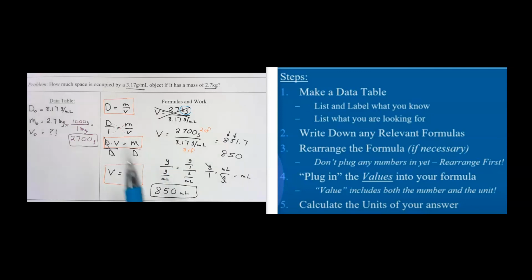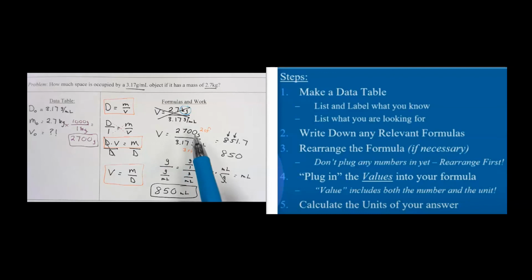All right, so the expectation for this class is every time you have a word problem, you have a T-chart set up, okay, like you have on your notes. You have a data table, okay? You have formulas and work, okay? You rearrange it like it says on the right side of the screen. Plug your numbers in with units, okay?